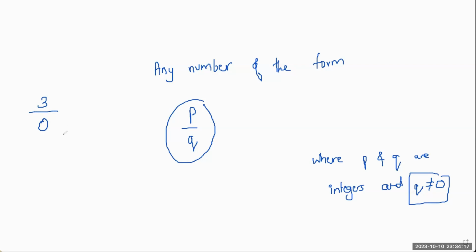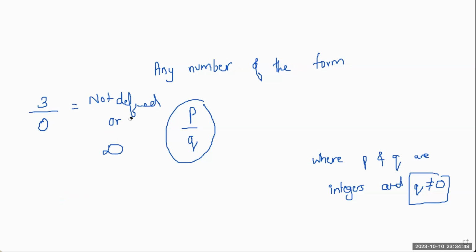What is 3 over 0? Any 0 over 3 is 0, but any number divided by 0 is not defined, or you can say infinite. That is the reason why your Q cannot be 0.